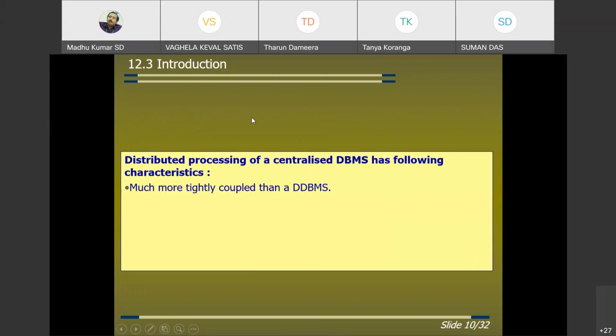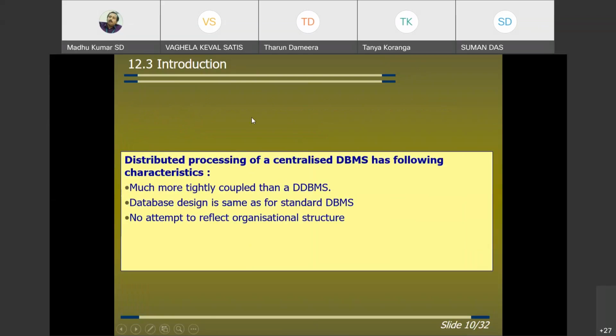Now, distributed processing of a centralized database has the following characteristics. It is much more tightly coupled than a DDBMS. If you consider a centralized DBMS, then you have tight coupling.